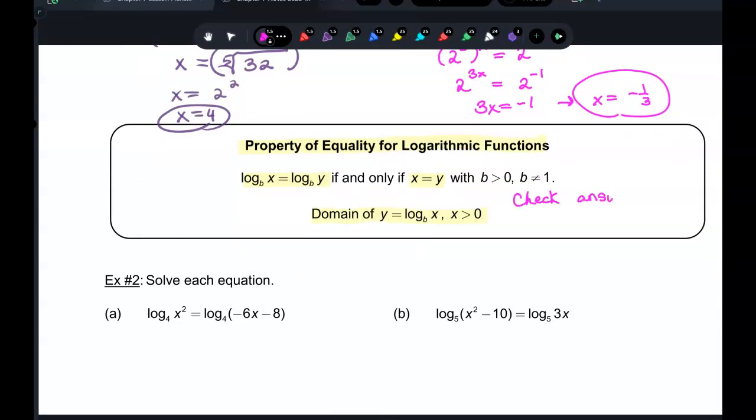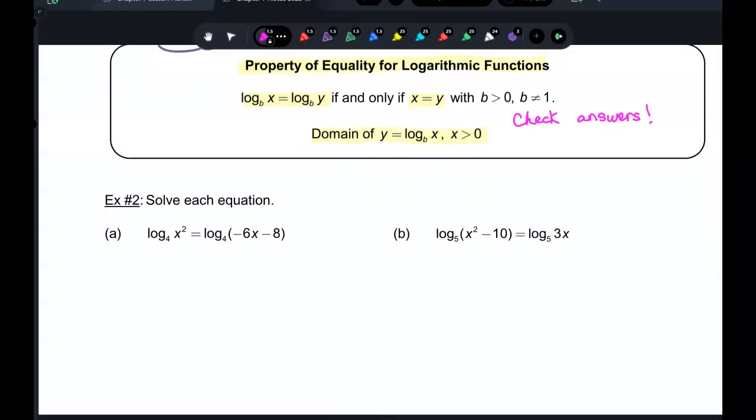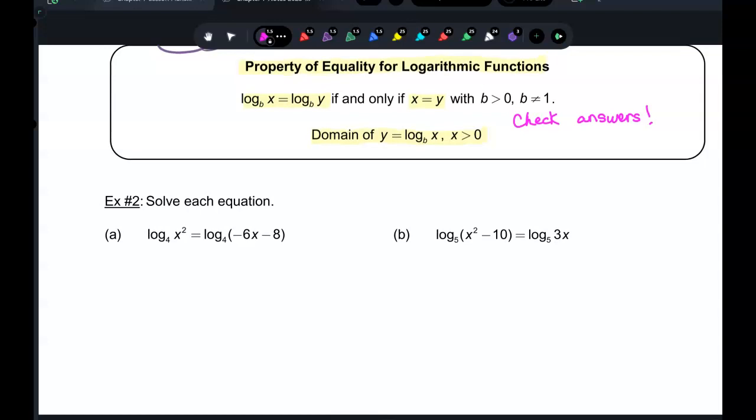You just do x squared equals negative 6x minus 8. Right, so when we have log base 4 on both sides, these are going to cancel and we're just going to get x squared equals negative 6x minus 8. Now because we have a quadratic, the next step is to move everything to one side, make it equal to 0, and see if it factors.